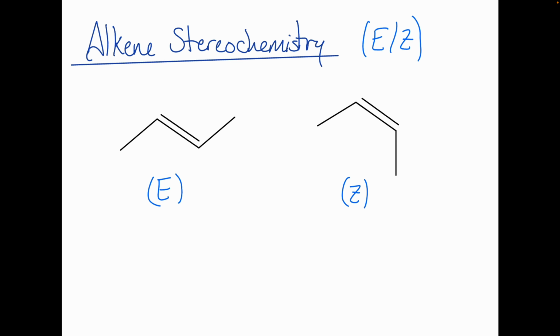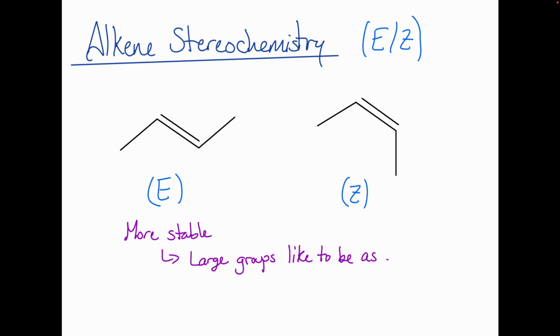So then which one of these is more stable? E is the one that's more stable. And why is it more stable? Larger groups want to be far apart, right? That's our general principle when we're talking about alkene stability. Large groups, in this case methyl groups, like to be as far apart as possible, meaning on opposite sides of that double bond.